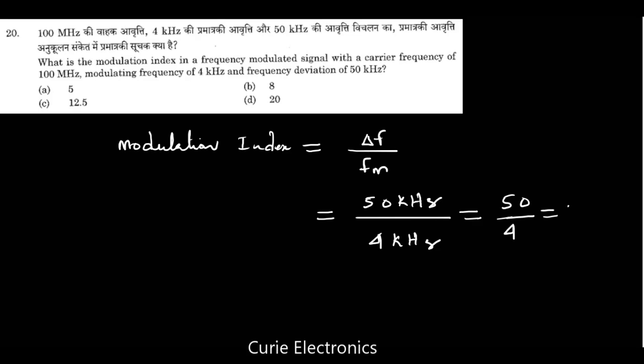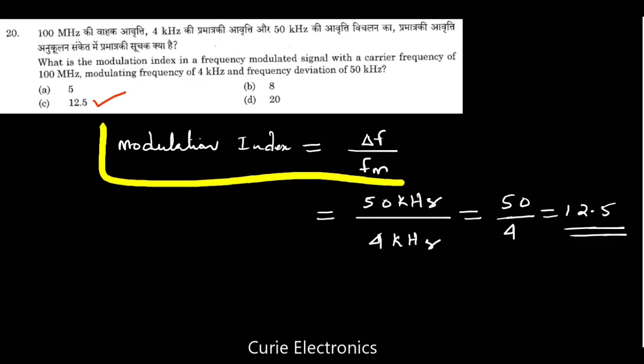That means 12.5 we get. So 12.5 is the answer, option C. So you should know the equation of modulation index. You could watch my video on modulation index of FM to understand it better.